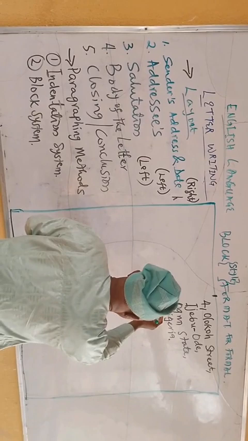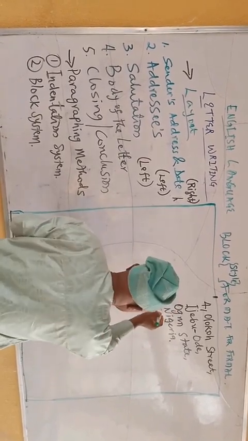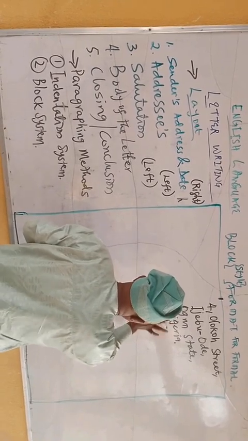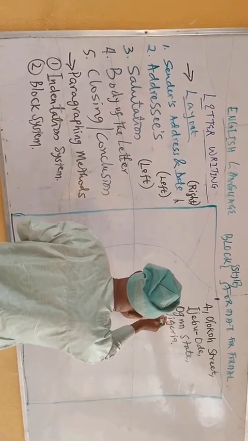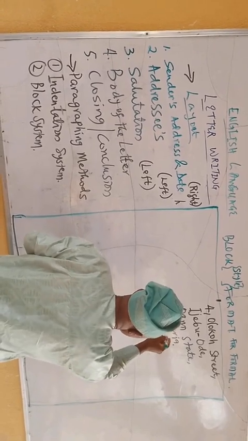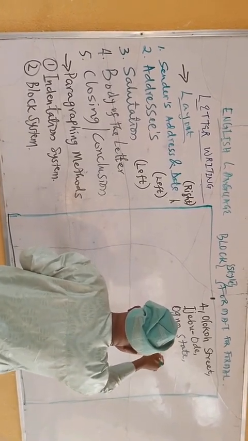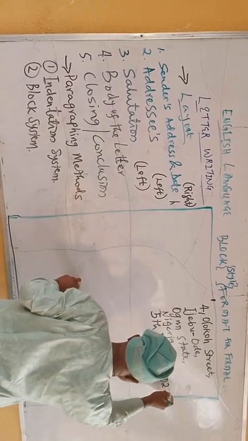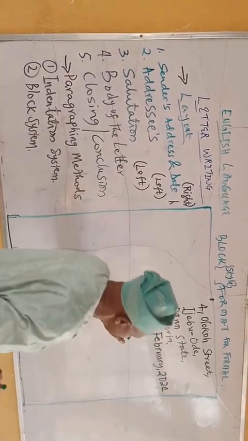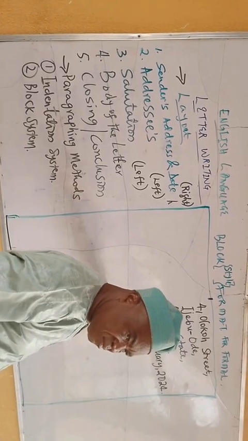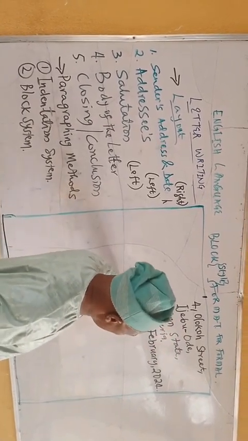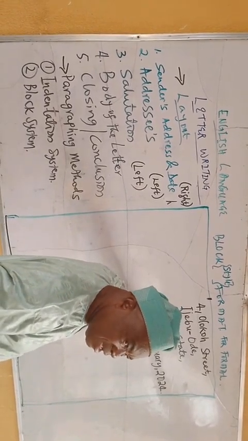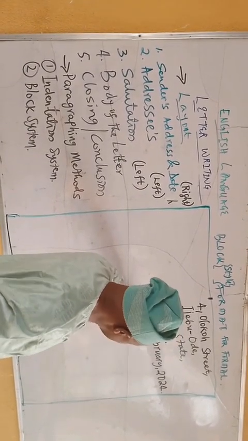To back it up, there must be the date, like today's date or any date you want to use. 5th February 2024. The date is also a statement. Don't raise the figure with any of this superscript, like the 5th.